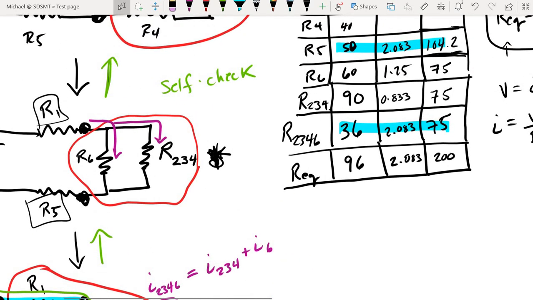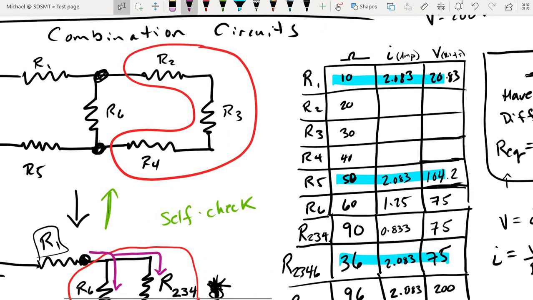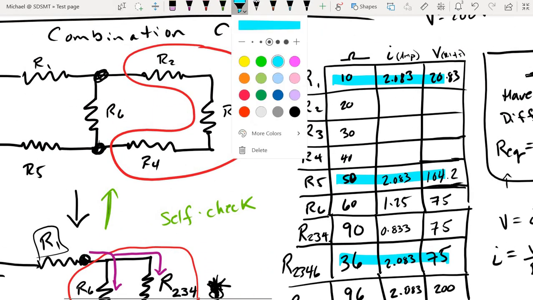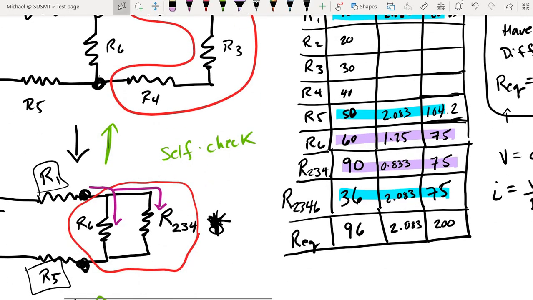So does the current running through resistor 2, 3, 4 plus the current running through resistor 6 equal the current that was running through their equivalent?